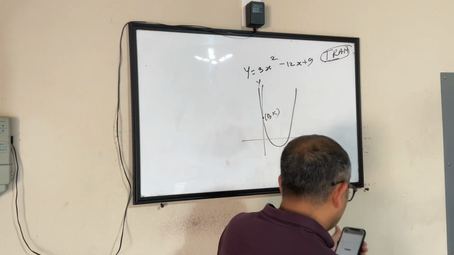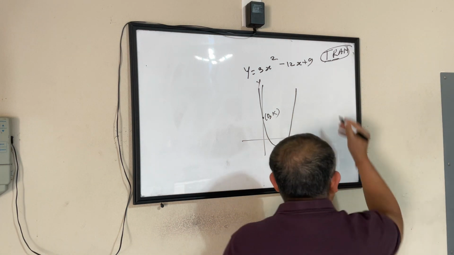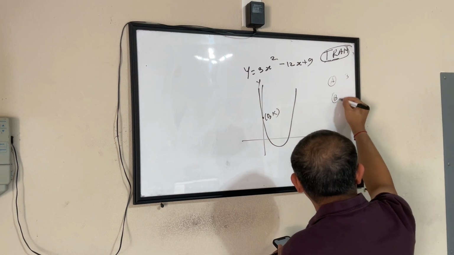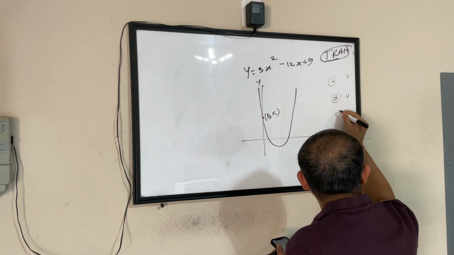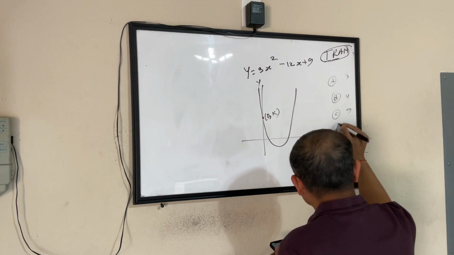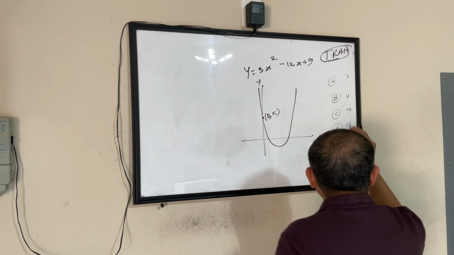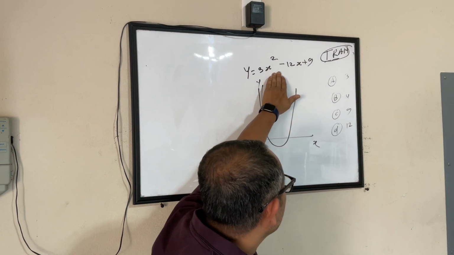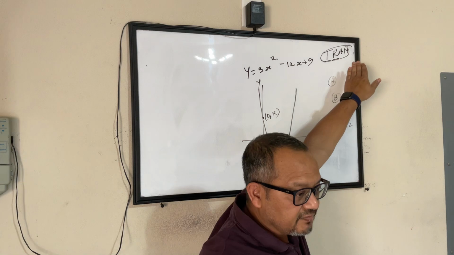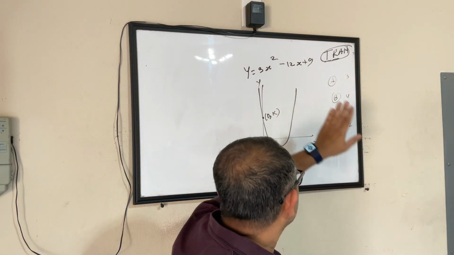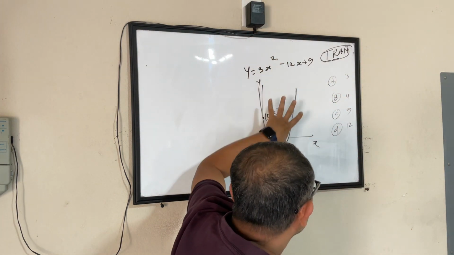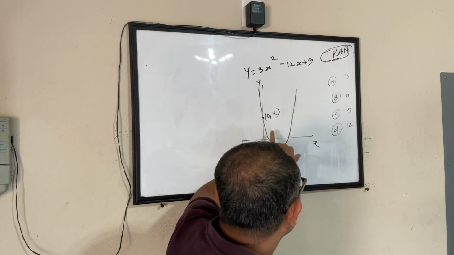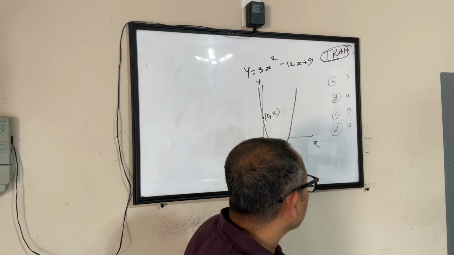And you are given a few options here: a is 3, b is 4, c is 9, d is 12, and you have to pick one of the answers.